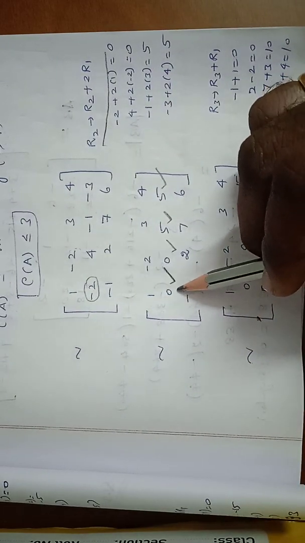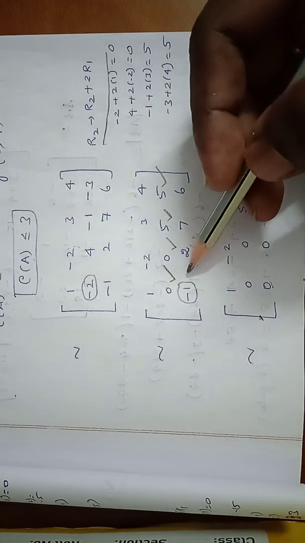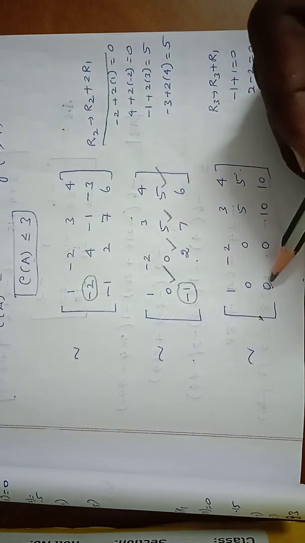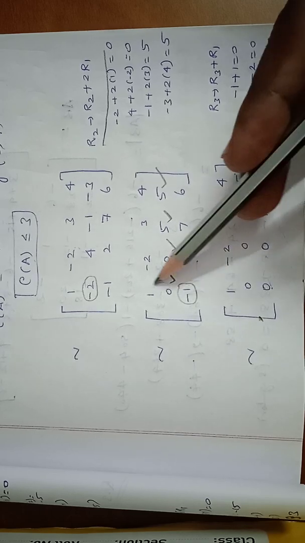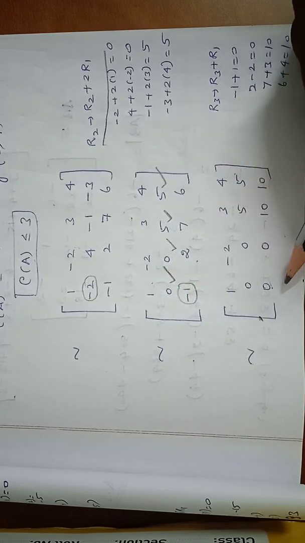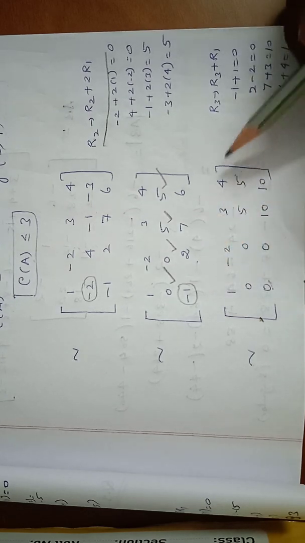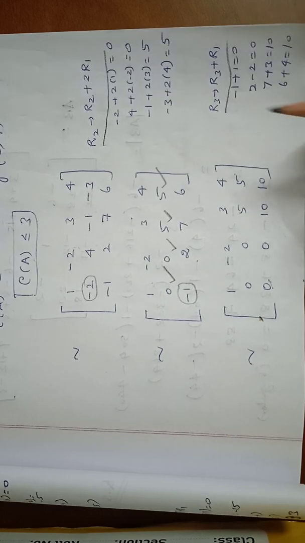Again, we try to make this element 0. So the third row is compared with the first row. Adding these two elements, this element automatically becomes 0. So the condition is R3 tends to R3 plus R1.